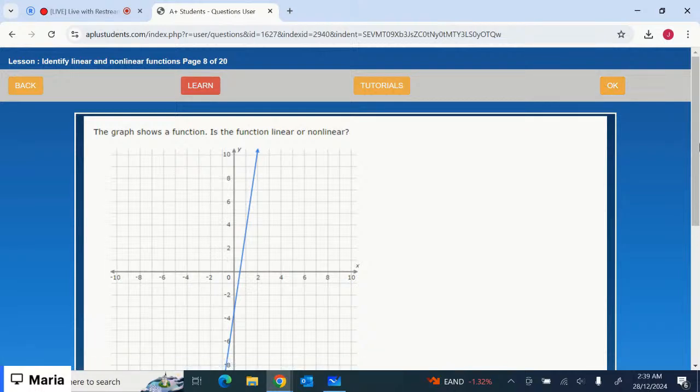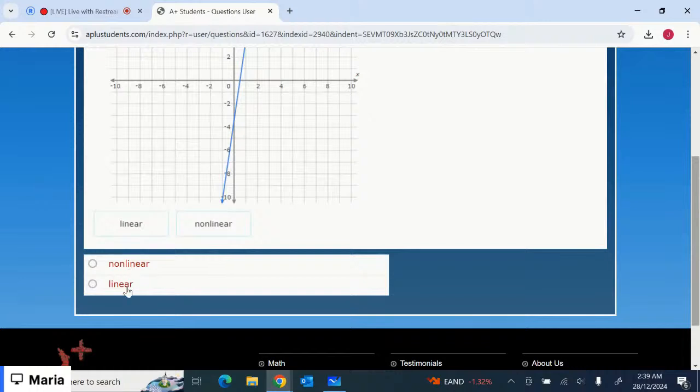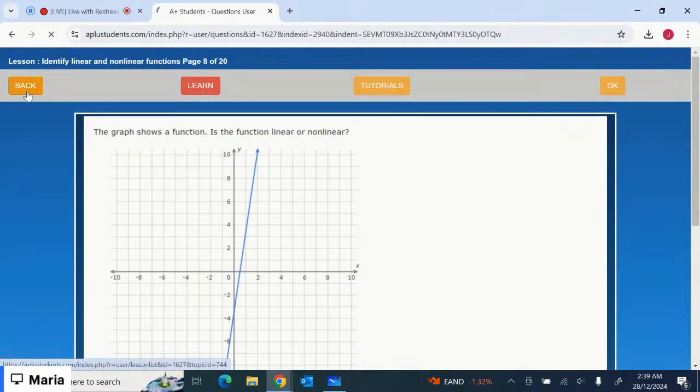The graph is a straight line, so that is a linear function. Option number 2 is the correct option. Okay, you can complete the lesson by yourself later today.